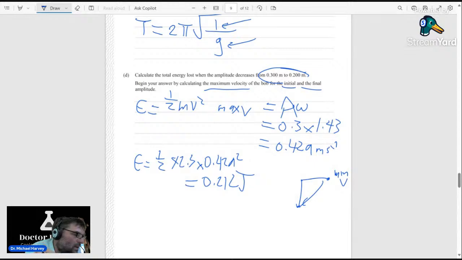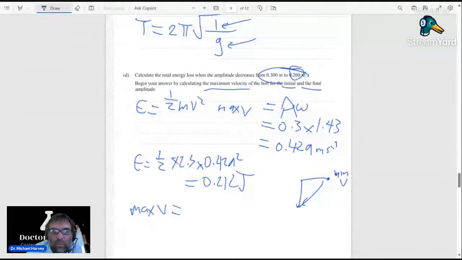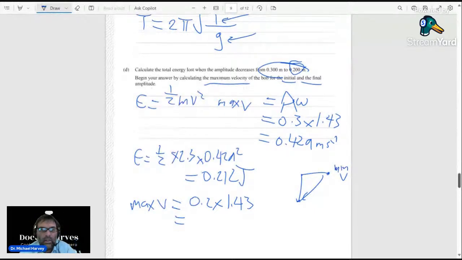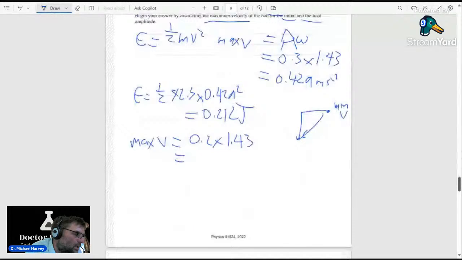And then the max velocity again, so if we've changed it, it's now changed from 0.3 to 0.2 times 1.43, which equals 0.286 meters per second, m s to the minus 1.